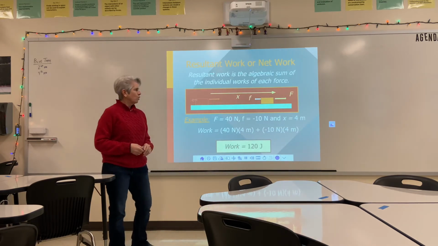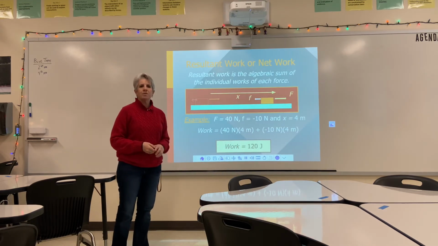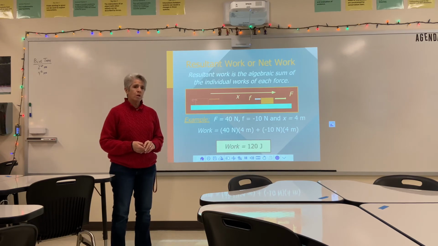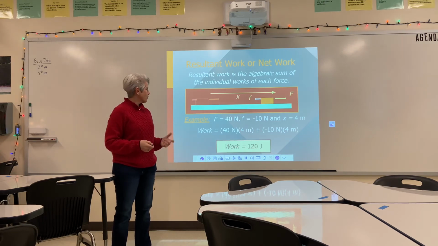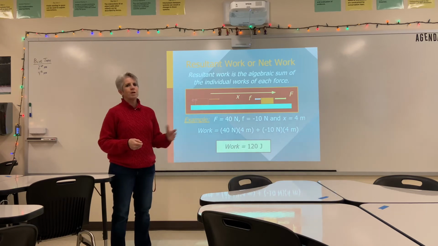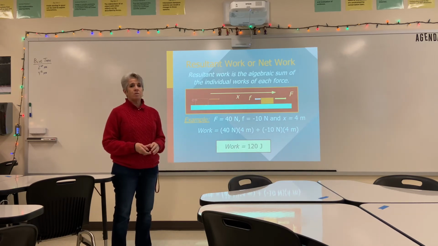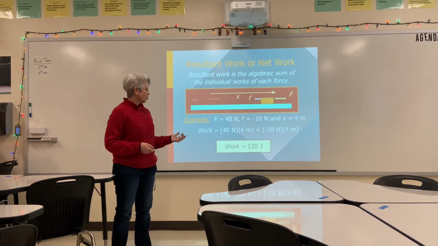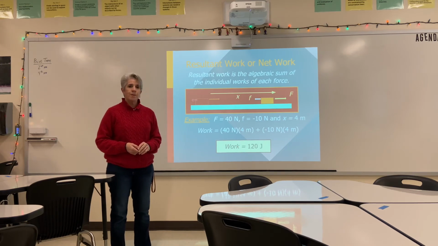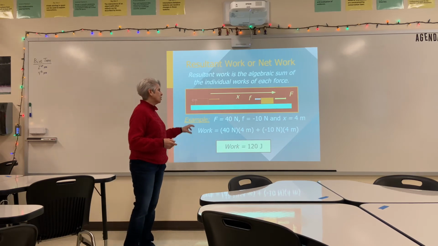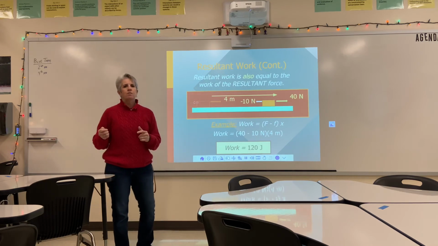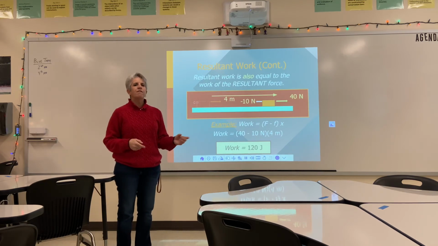If we wanted to know the total work done, we would sometimes call this resultant work. We could find the work from each force, so we could say 40 newtons times 4 meters plus negative 10 newtons times 4 meters gives us a total of 120 joules. We can add those works up. Or we could find the resultant work by finding the net force.